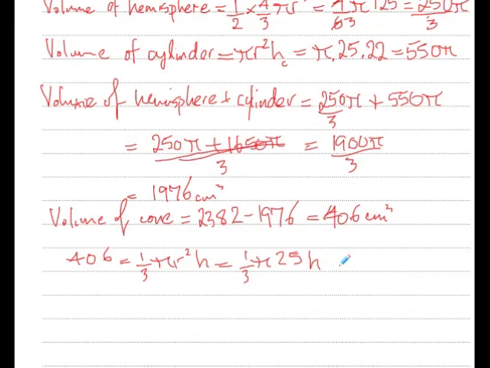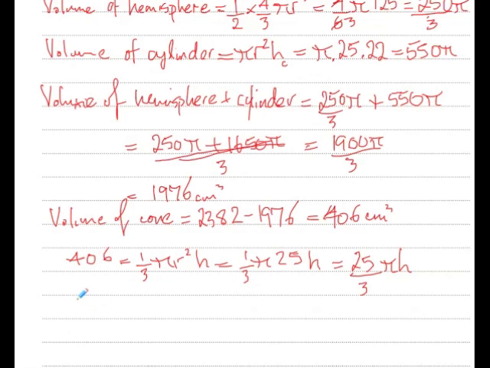So that equals 25 over 3 pi h. So 406 equals 25 over 3 pi h.